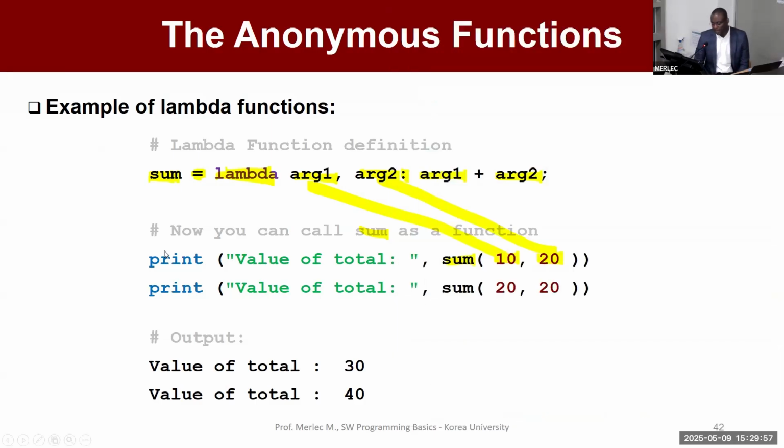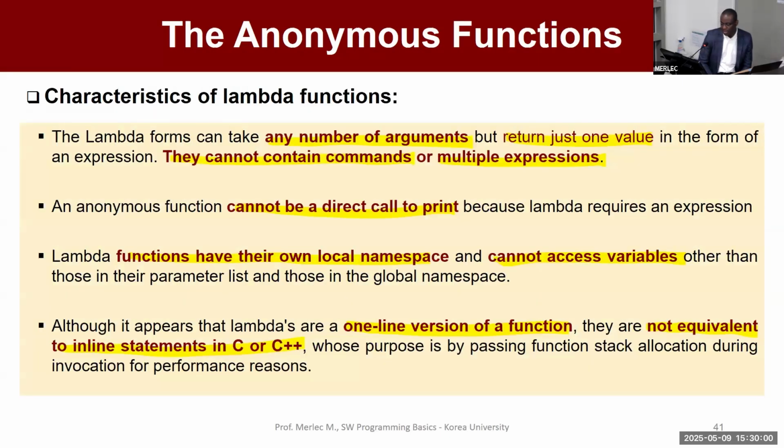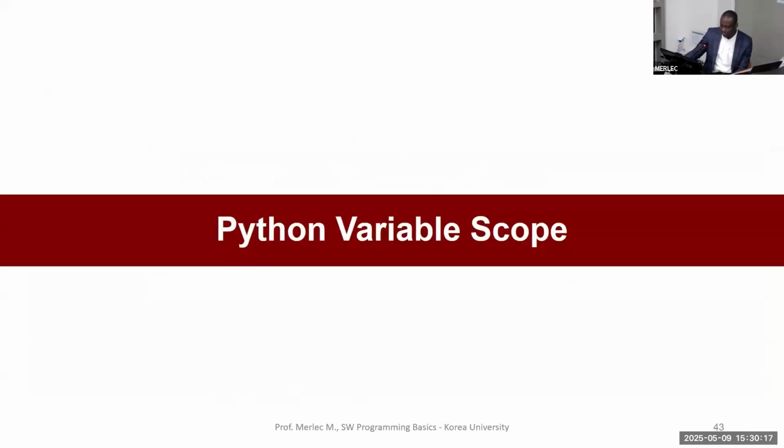I've mentioned earlier that the lambda function has its own local namespace, and it doesn't access the parameters from the global namespace. What does it mean exactly? I will now elaborate on that by explaining what we call the scope of variables when we deal with functions, because functions are totally independent blocks of code which are called by other functions or in the main program, but they operate independently, depending only on the arguments which are sent to them as values.